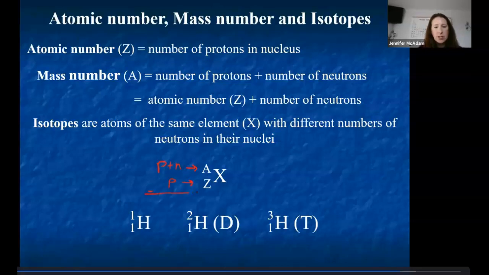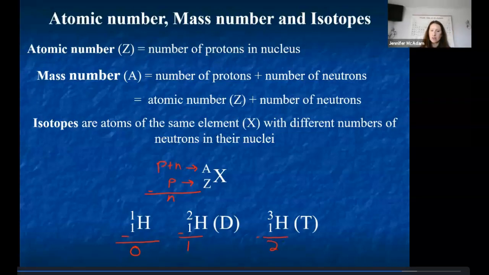If you just subtract those two, it's always going to give you the number of neutrons, right? So that means hydrogen, this one has 0 neutrons. If I subtract these two, this one has 1 neutron. And if I subtract these two, this one has 2 neutrons, right? So these are different numbers of neutrons or different mass numbers. So they are isotopes. Okay.